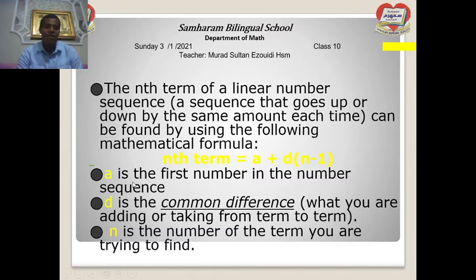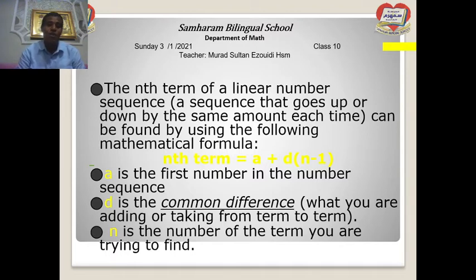Here a, my learners, is the first number in the number sequence. If in your sequence you have 2, 5, 8, for example, the first term is 2, so a is 2. And the common difference is the difference between two consecutive terms: 5 minus 2 is 3, 8 minus 5 is 3.